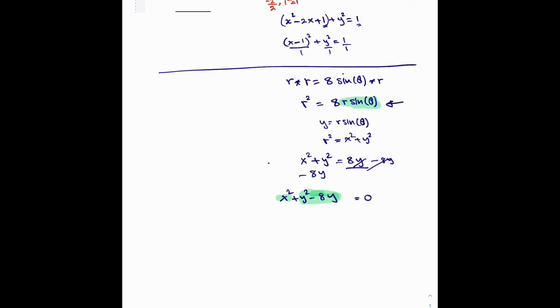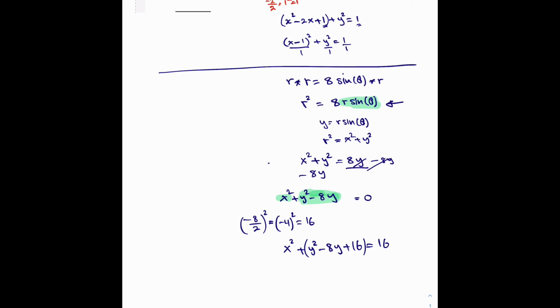So I'm going to take the negative 8 divided by 2 and square it, which is going to give me negative 4 squared, and that is basically 16. So I'm going to add 16 to both sides of the equation. x squared plus y squared minus 8y plus 16 equals 0 plus 16 is 16.